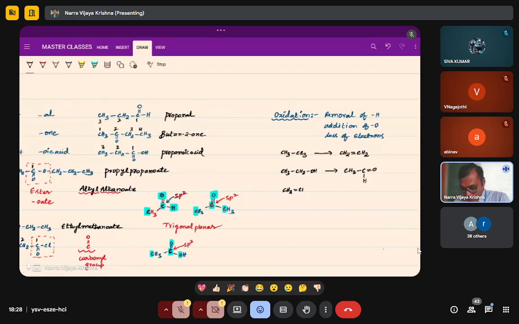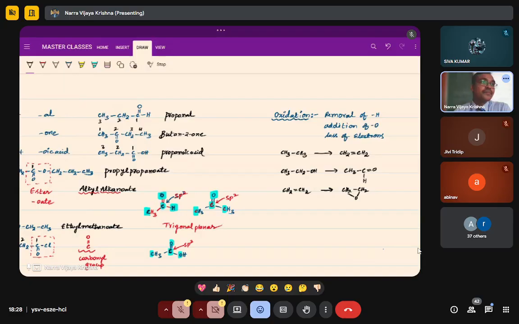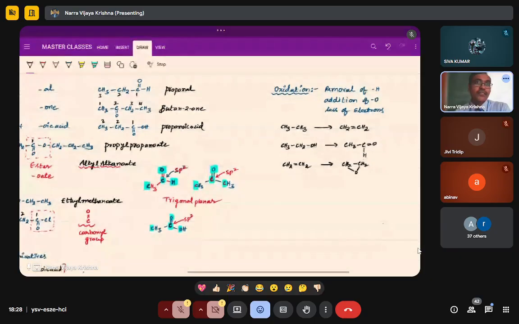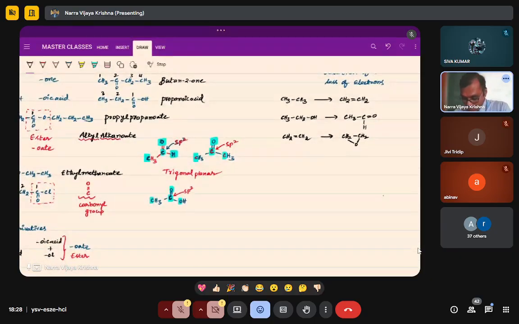Now, CH2 double bond CH2 converted to CH2 CH2O. Is it oxidation or not? Addition of oxygen, so oxidation. Correct? What do I have to do? I need to add both.